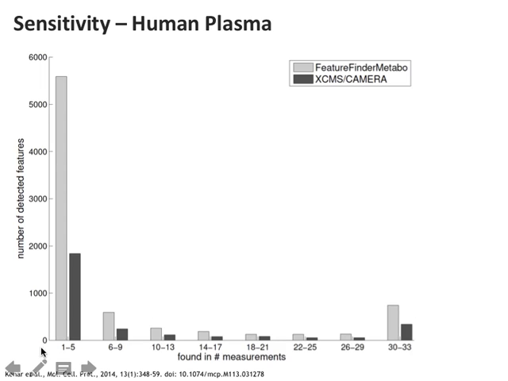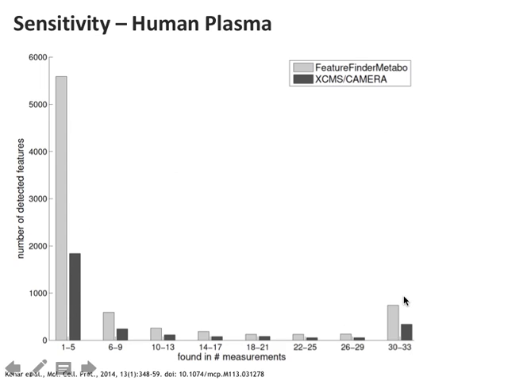And what you can see in this figure is the number of detected features on the y-axis, and on the x-axis in how many of these measurements it was found. And the two different bars correspond to two different algorithms, XCMS and CAMERA and the feature finder Metabo.